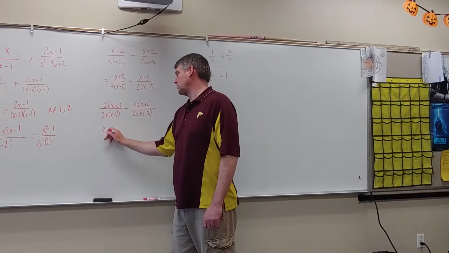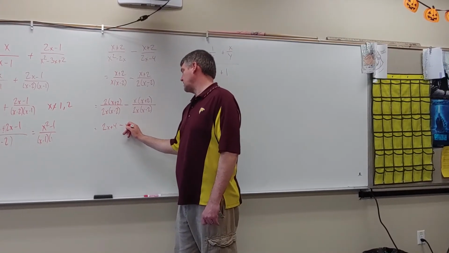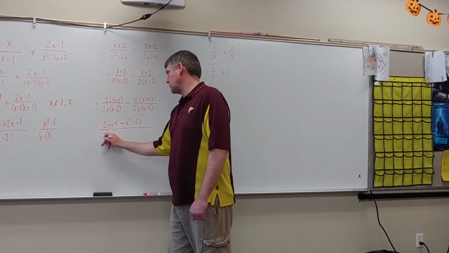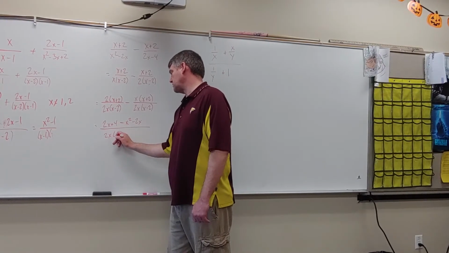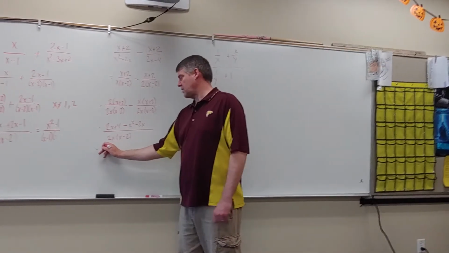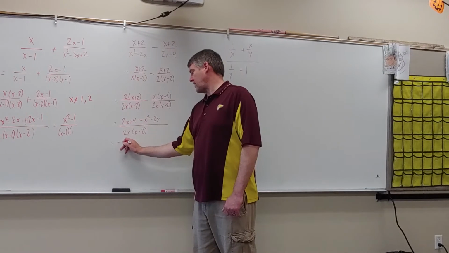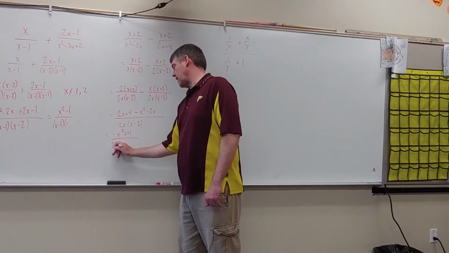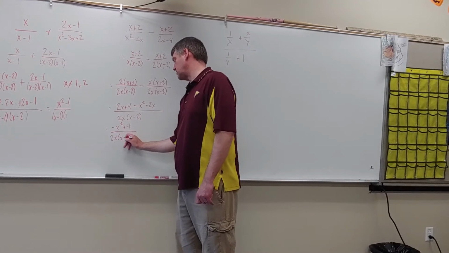So this gives me 2x plus 4 minus x squared minus 2x all over 2x times x minus 2. Now, when I simplify this, I end up with negative x squared plus 4 over 2x times x minus 2.